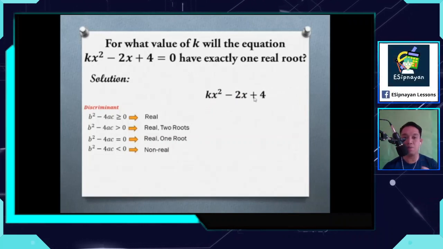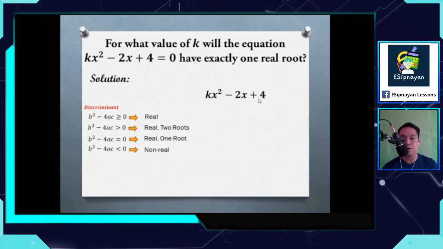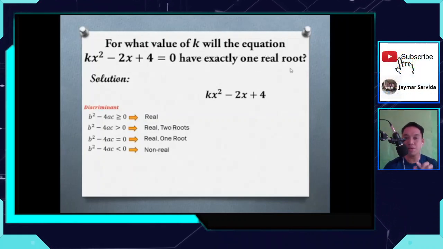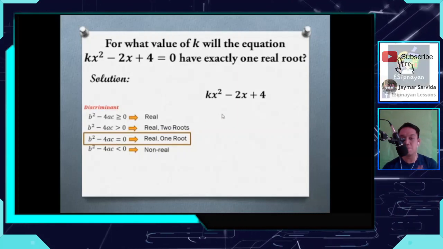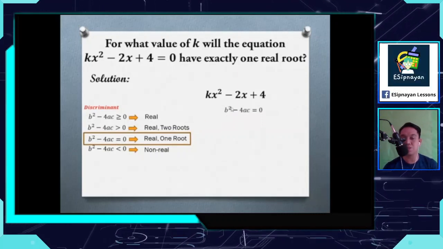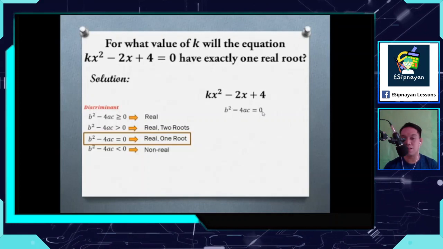So the equation kx squared minus 2x plus 4, our given earlier. Since we have exactly one real root, the value of the discriminant must be equal to 0. So that is b squared minus 4ac equals 0.